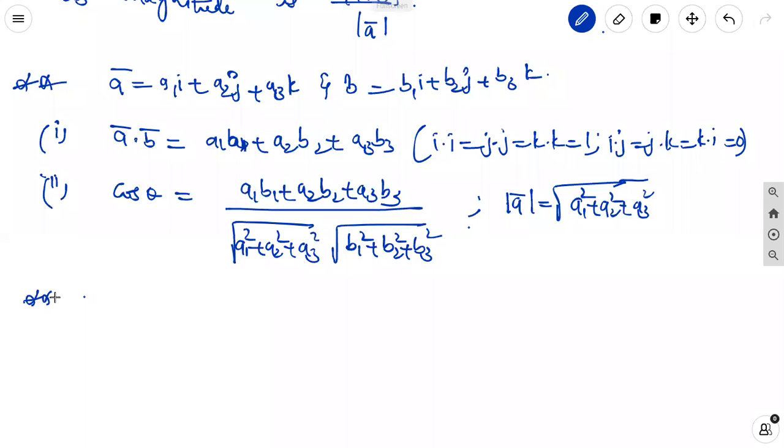Next definition or condition: the vector equation of the plane passing through the point A and perpendicular to the vector n is (r vector minus a vector) dot n vector equal to 0.